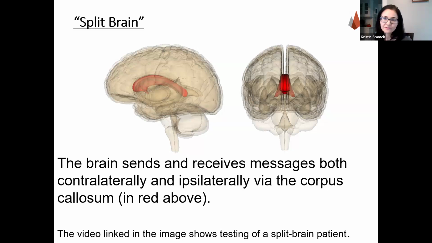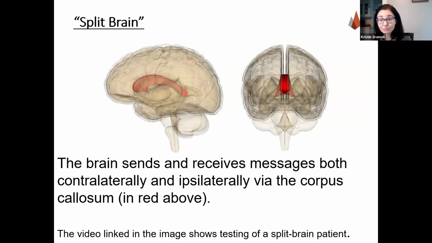There is an example of a split brain patient that shows they have difficulty. So there's another case for lateralization. Image processing is a little bit better in the right brain, as opposed to more functional word processing that happens in the left brain.